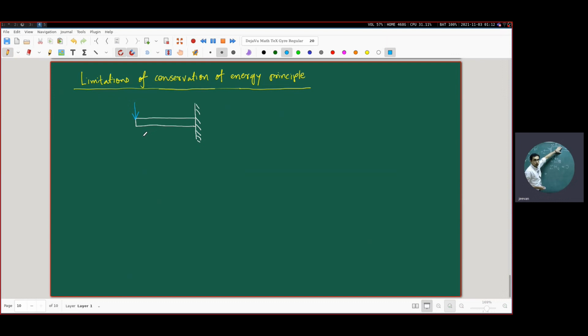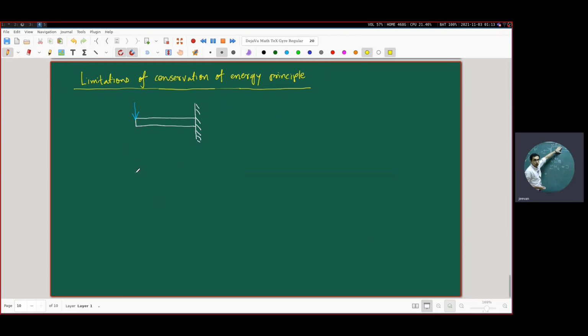The question we ask ourselves is the same question we asked earlier in the previous chapter on deflection of beams: what is the deflection at this end? Let us see, using this conservation of energy principle, the balance of work and energy, if it is possible to determine the deflection here.